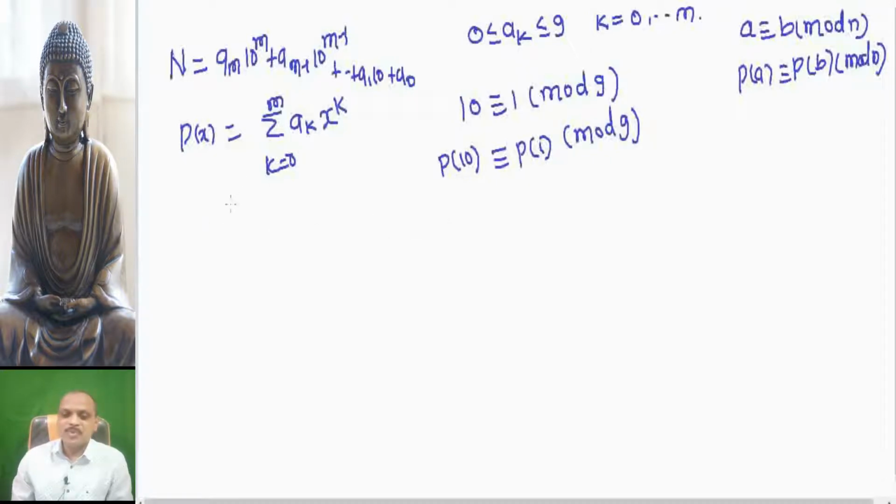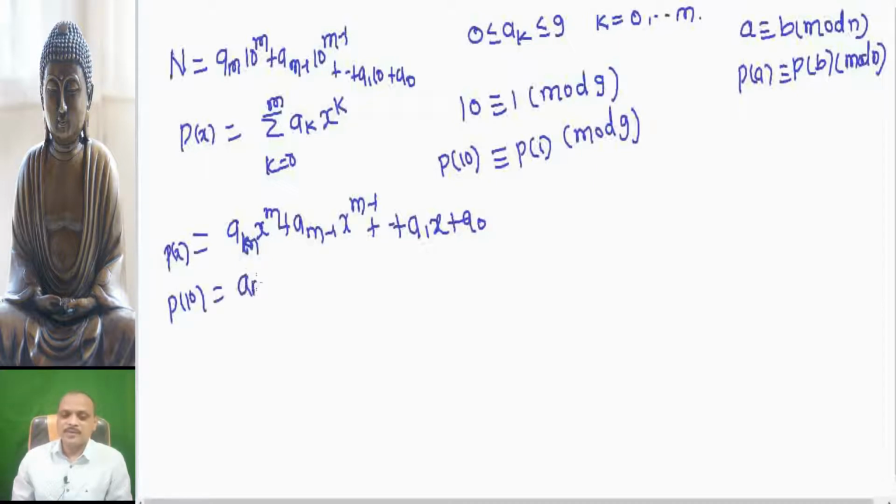Now what is my p of 10? This is a polynomial. Let us take the expansion of this: a_m x raised to m plus a_(m minus 1) x raised to m minus 1 plus and so on plus a1 x plus a0. This is the polynomial p of x. Then p of 10 equals a_m 10 raised to m plus a_(m minus 1) 10 raised to m minus 1 plus a1 10 plus a0.